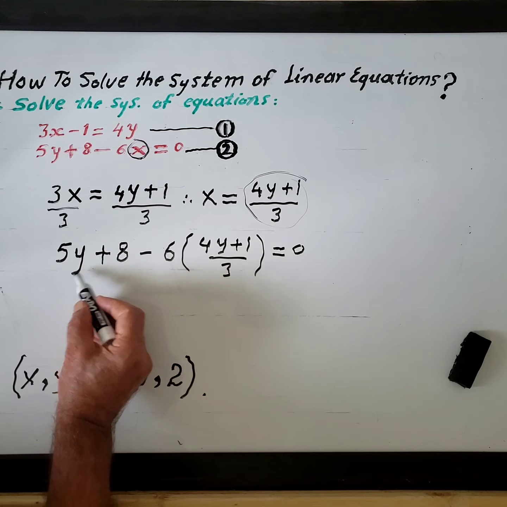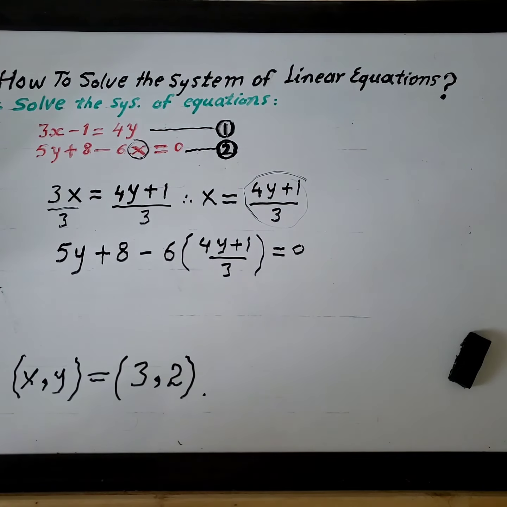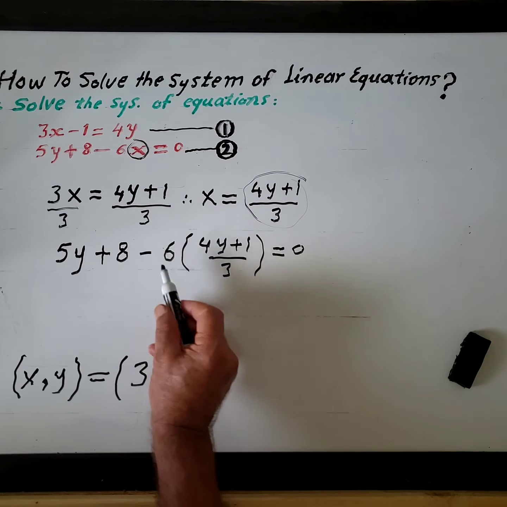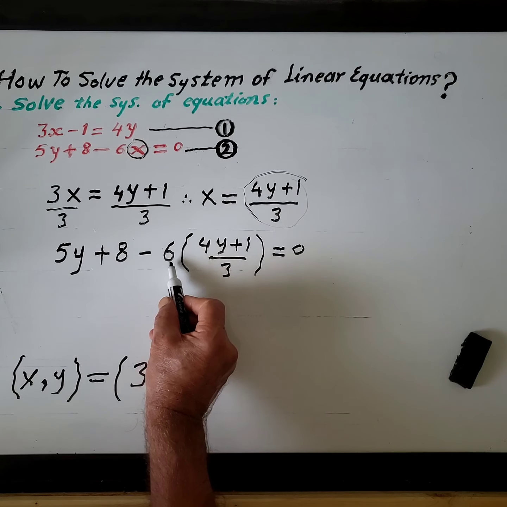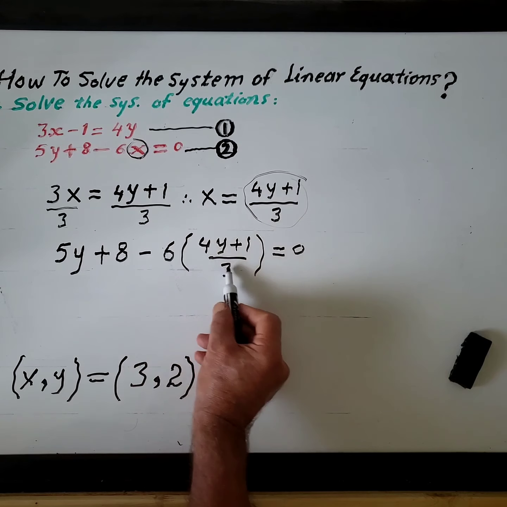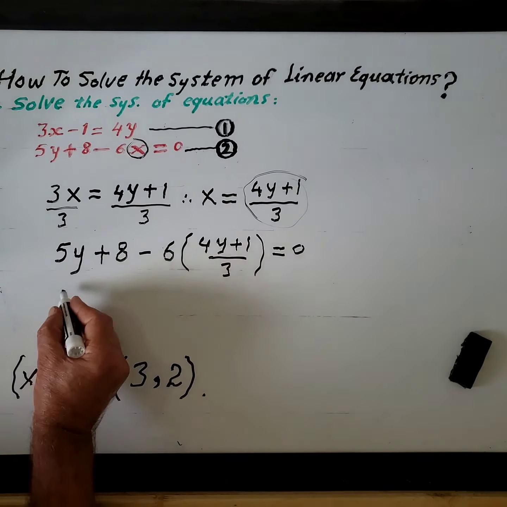So you just got a new equation without x. And we simplify this one. Here you can make cancellation. Here's over 1. So cancel over 3, it will give you 2. Over 3, it will give you 1. So here will be 2.